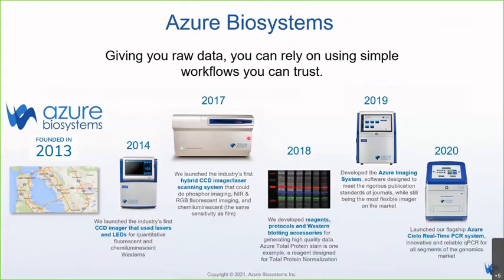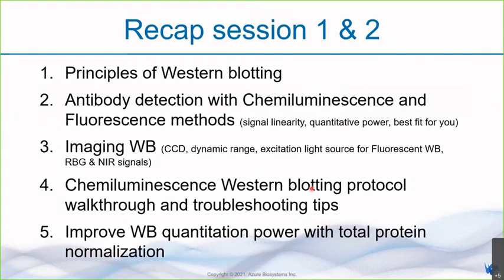These are the key instruments of Azure Biosystems, but today we will focus on talking about reagents, specifically total protein stains. Just a recap of what we have learned in the previous two sessions. Firstly, we talked about the principles of Western blotting on every step, starting from electrophoresis until the end of the blotting and imaging.